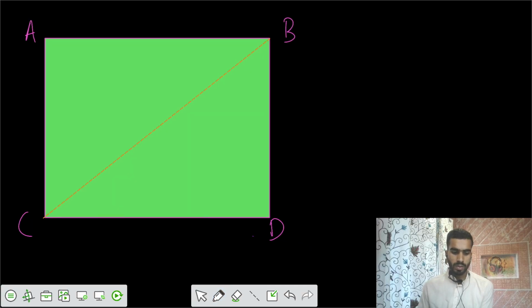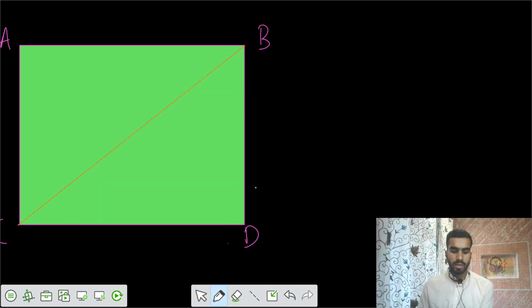There's some point A, there's some point B, there's some point C, there's some point D. So what is the problem saying? The problem is saying that your load is in the first quadrant. That means if you have those reference lines, I would say there are 2 reference lines.